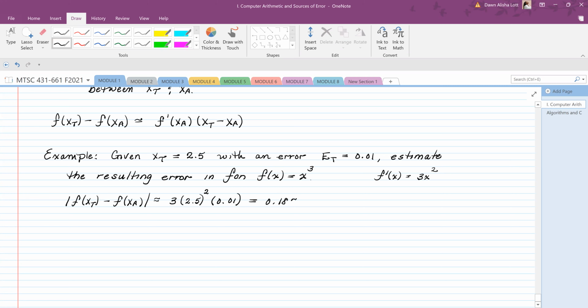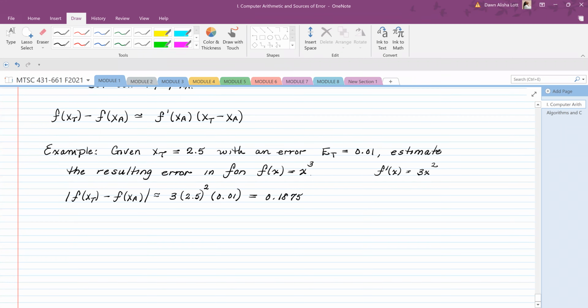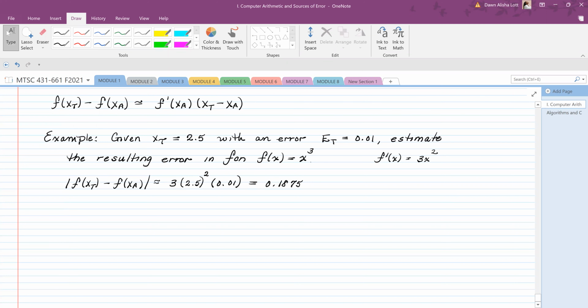So here I'm just using x true right now, because it would be the same. All right, so f of 2.5 is 15.625 plus or minus 0.1875.